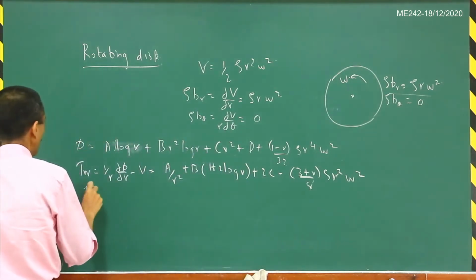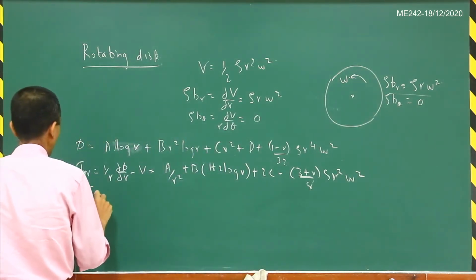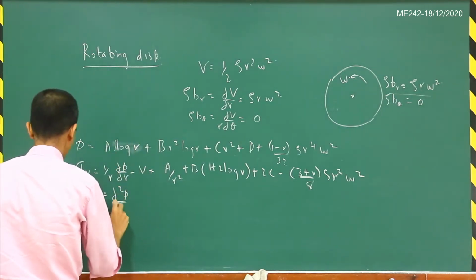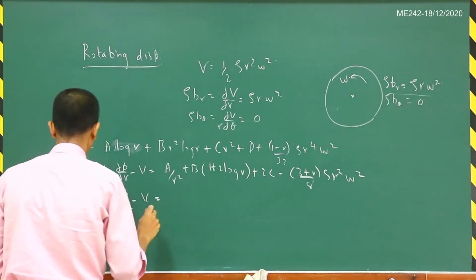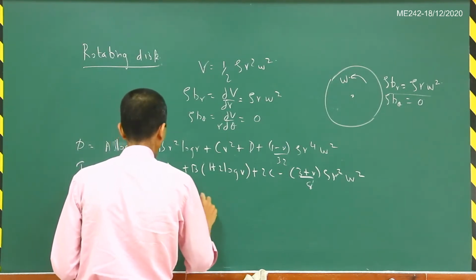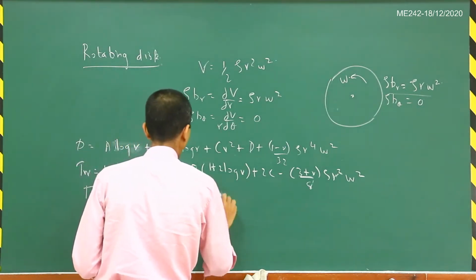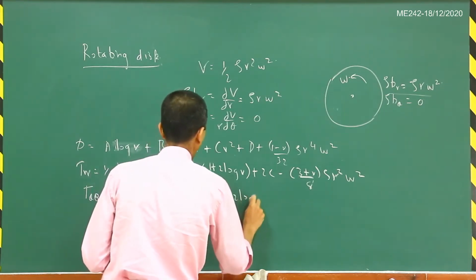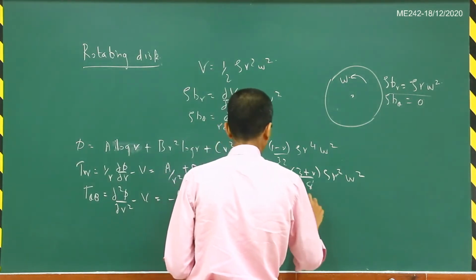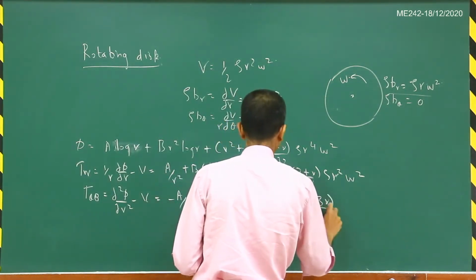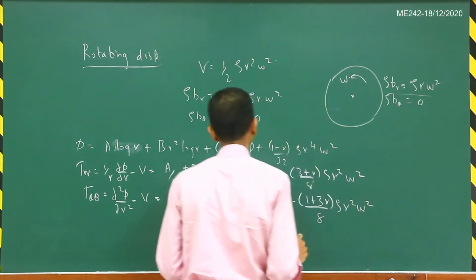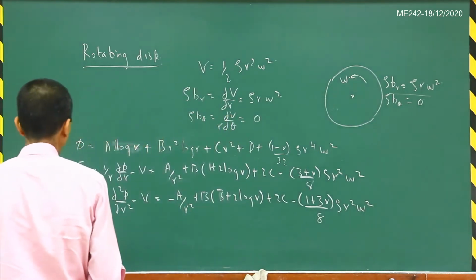Then tau theta theta is equal to del squared phi by del r squared minus V. That is equal to minus A by r squared plus B times (3 plus 2 log r) plus 2C minus (1 plus 3 nu) divided by 8 times rho r squared omega squared. And tau r theta is 0.